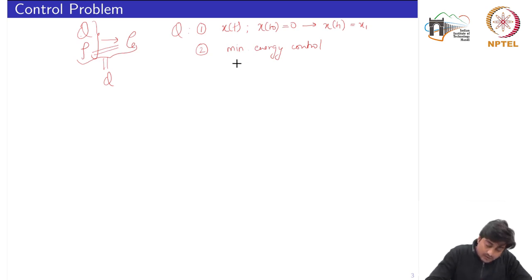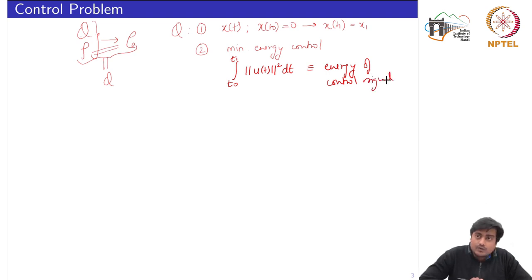If u is a vector, then the energy consumed in the control signal from time t0 to t1 is specified by the integral of the norm of u of t squared dt. This is the energy of the control signal. If u is a scalar, then instead of the norm we consider only the magnitude.